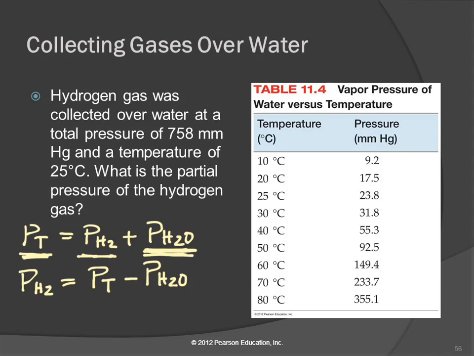So how do we find out this partial pressure of the water? We look in the table. The temperature is 25 degrees, and so we find that in our table. So 25 degrees Celsius, the partial pressure of water is 23.8 millimeters of mercury.